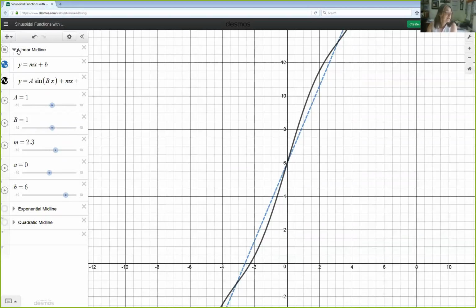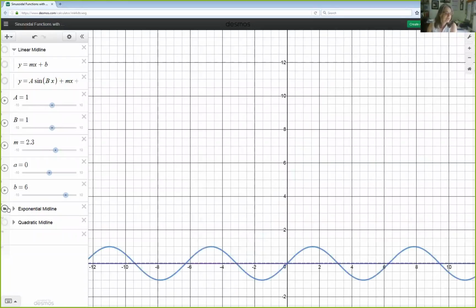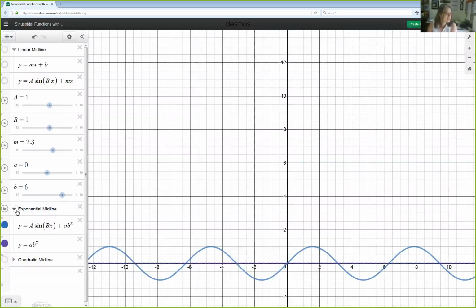We can have linear midlines, which is what I've got up on the screen at the moment. We can also put an exponential function in the midline. So this would be something like big A and big B, our usual modifiers for our sine. Then I've added an exponential term back here.